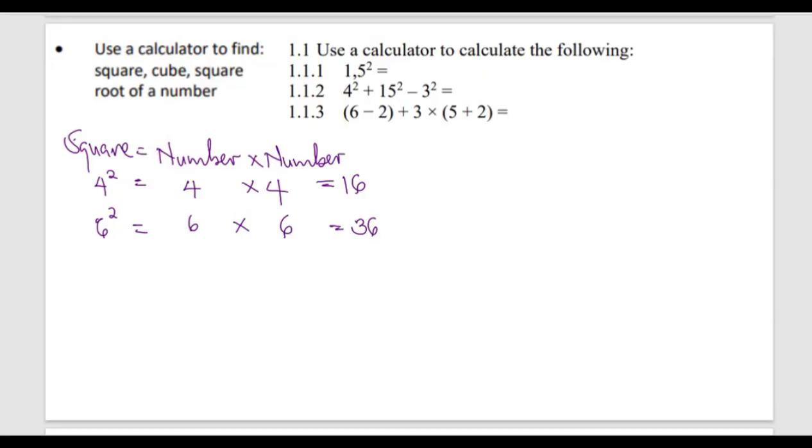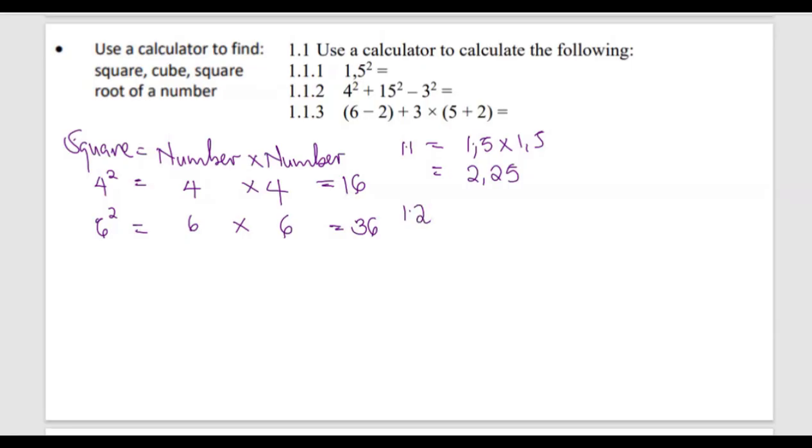So question number 1.1.1, they want you to say 1,5 times 1,5. Which gives you 2,25. Yes, you say that. Then 1.2.